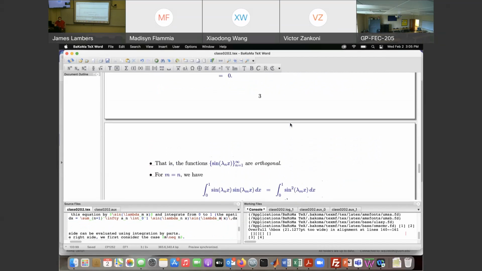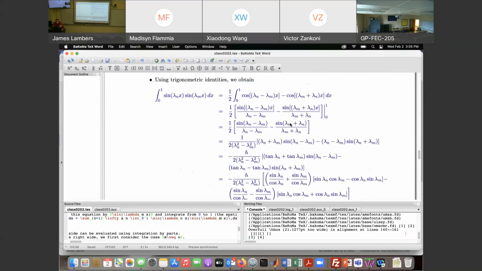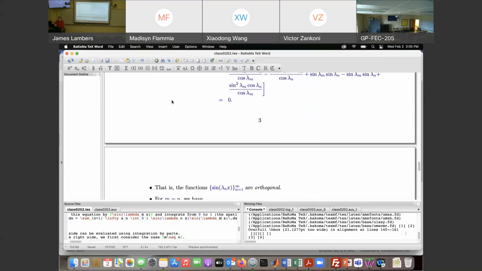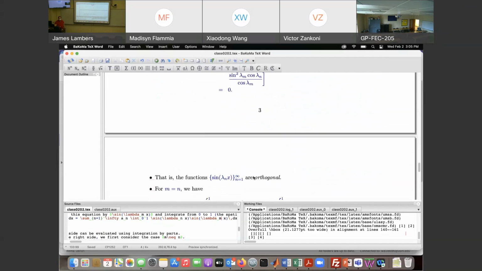Now, I should mention though, since this integral is 0 when n is not equal to m, that tells me that these functions, sine of lambda nx, are orthogonal. So this is a very good property to have, if you have a set of functions that are orthogonal.